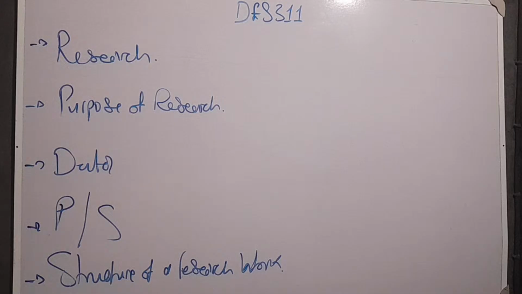Then you have the chapter 4, presentation of data. Then you have your chapter 5 that contains your summary, your conclusion, your recommendation, your contribution to knowledge. And lastly, we have the reference and appendix.